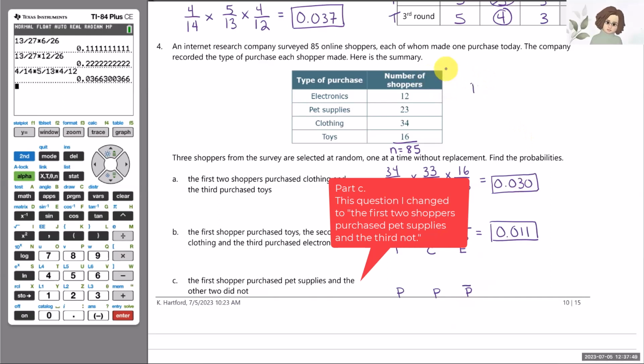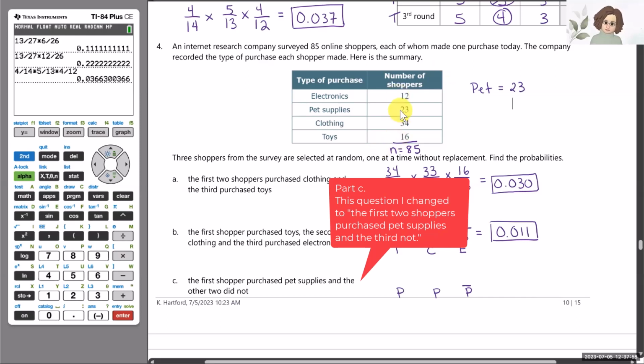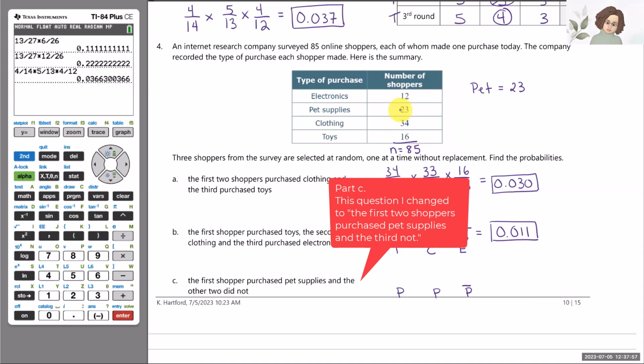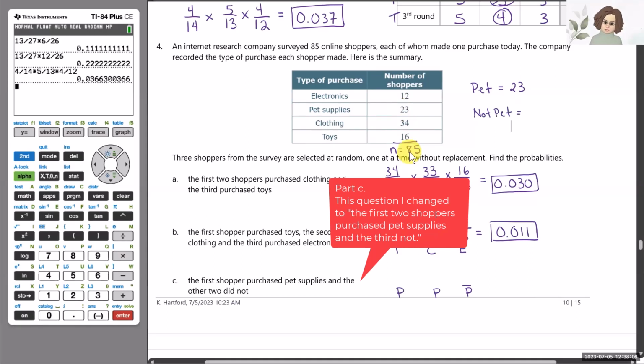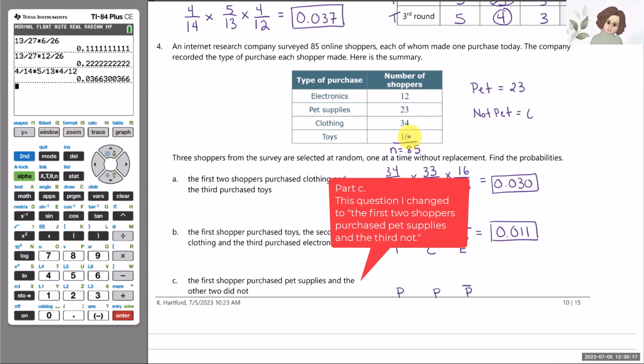So I know that 23 people bought pet supplies. So I'm going to need the number that did not buy pet supplies. So that would be 85 people minus those 23. Or you could add 12 plus 34 plus 16. Either way, you would get the other 62 people.